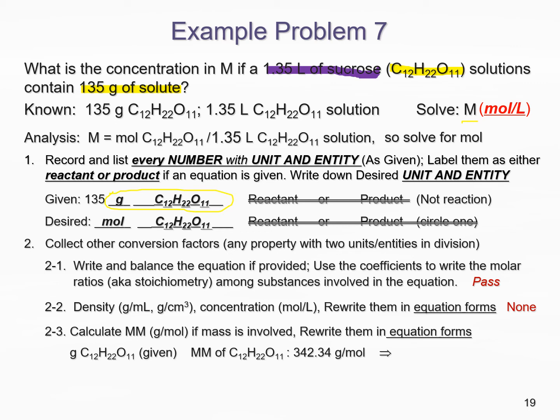So the molar mass of sucrose is 342.34 grams per mole. And so we write it up. 342.34 grams of sucrose equals 1 mole of sucrose. By the way, that molar mass is our first conversion factor.